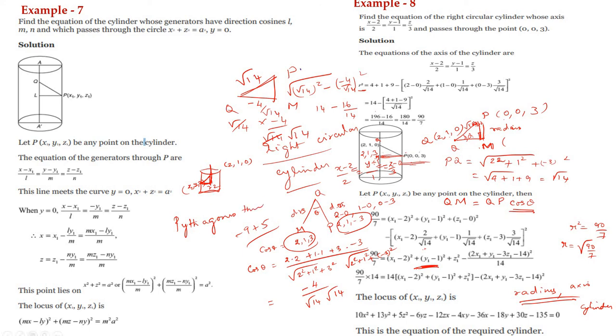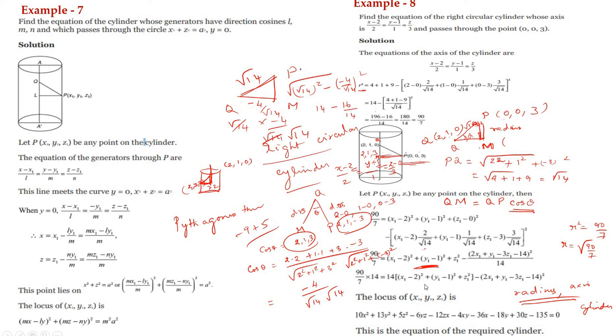Okay, so we have PQ square minus QM square is PM square. PM square is known, 90 by 7. QM is nothing but QP cos theta, so that is what is substituted here.